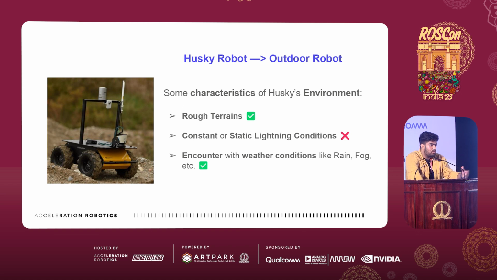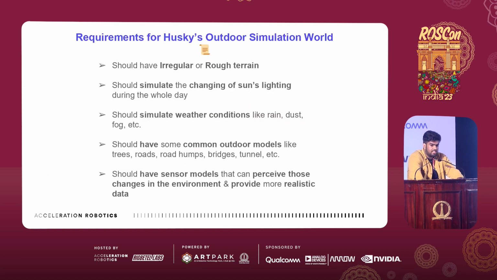And since we have weather artifacts and other things, we need models which actually affect the sensors and produce noise. So the algorithm that you are working on should adhere to those problems, and that's the thing, bridging the reality to simulations. So my whole talk would be a basic pipeline.